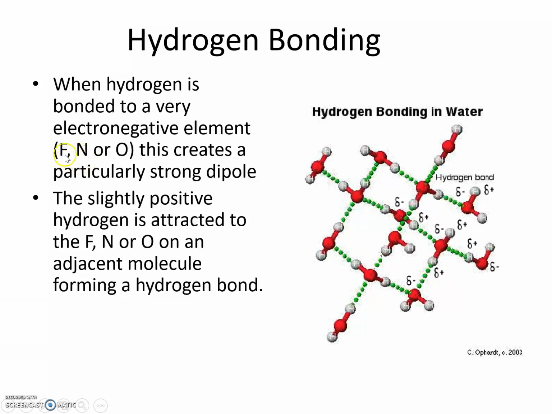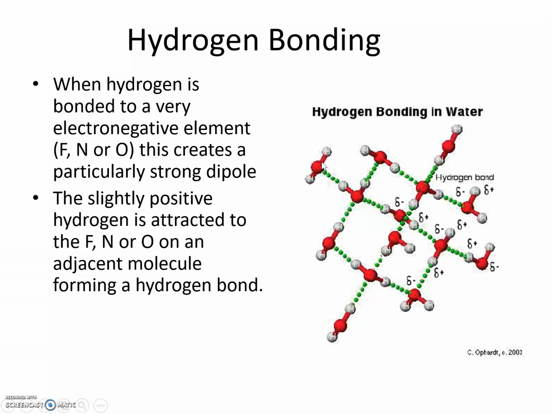Specifically, it has to be one of these three: fluorine, nitrogen, or oxygen. And this creates a particularly strong dipole because that hydrogen has relatively low electronegativity. It's also basically just a proton, right? A hydrogen has just one proton in its nucleus, and if it's sharing its electron with a highly electronegative element, then it's kind of just a proton hanging off the side of a molecule.